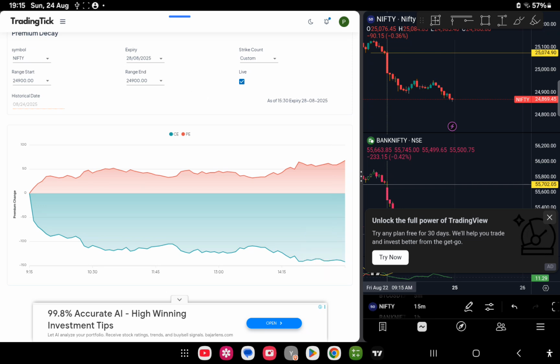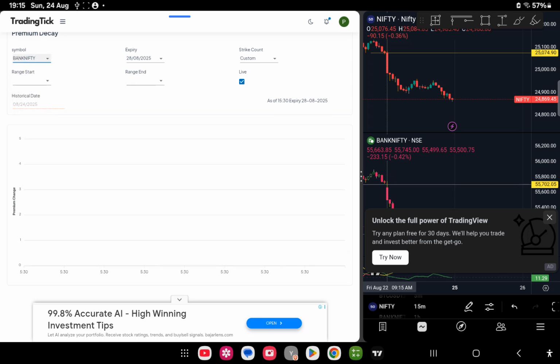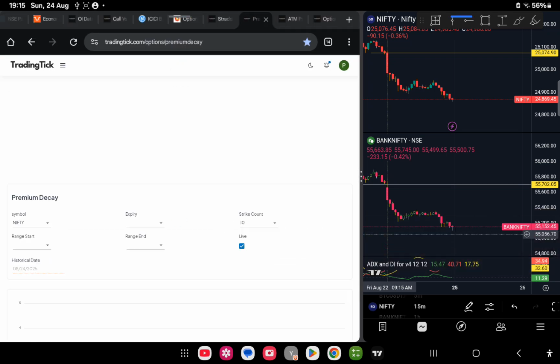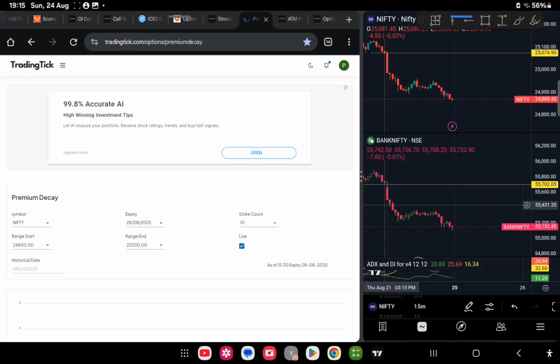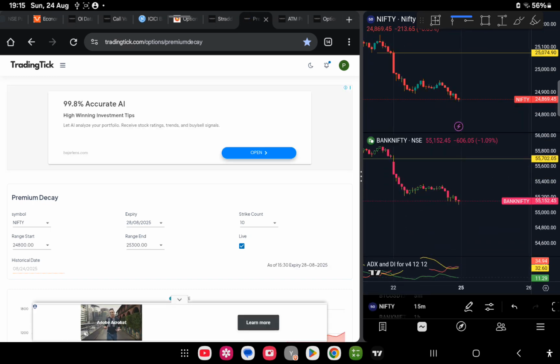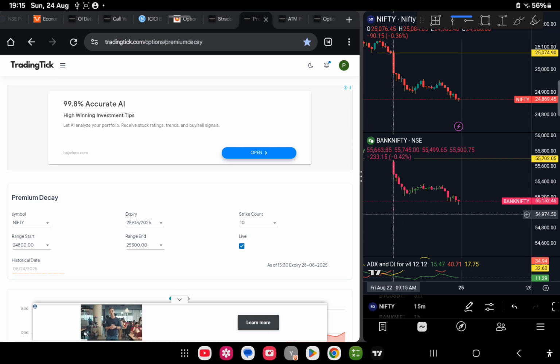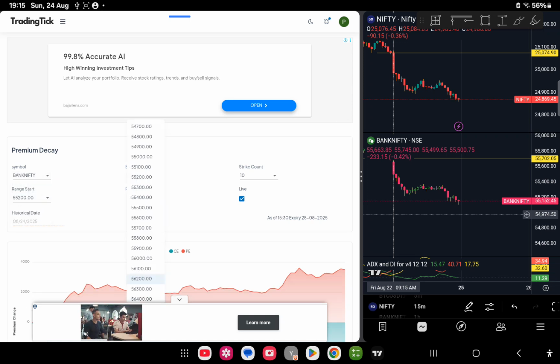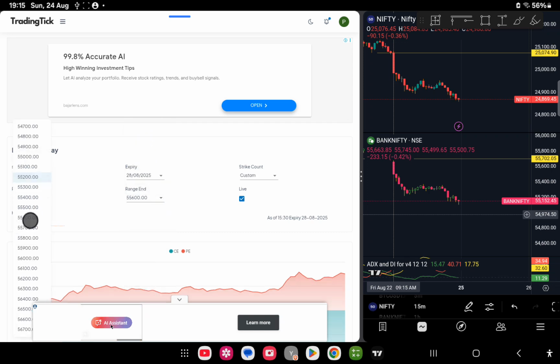Okay, now we'll go and check for Bank Nifty. I'll refresh it. So we'll take 3 strikes and check for Bank Nifty. So when you check for open, it is 55,600, and I'm taking 55,600 on the other side as well.